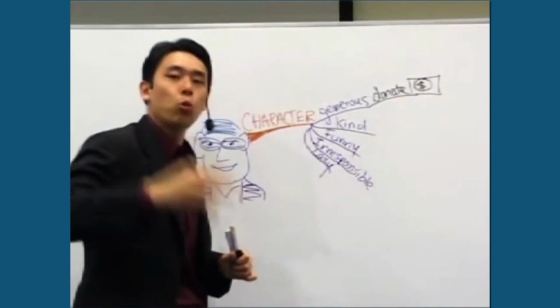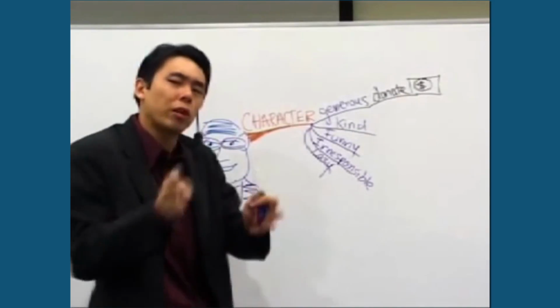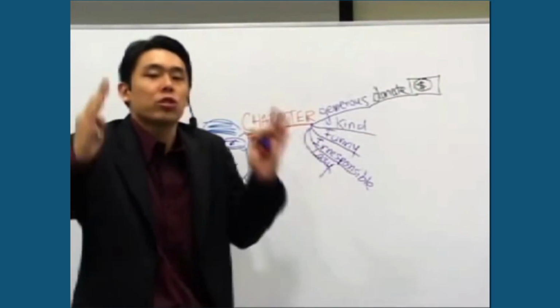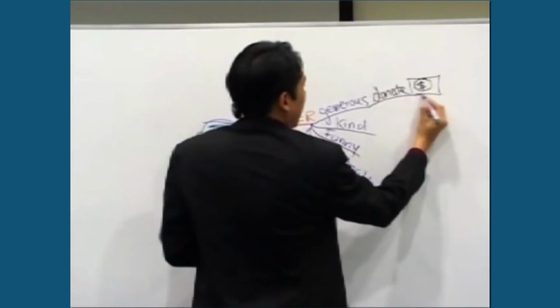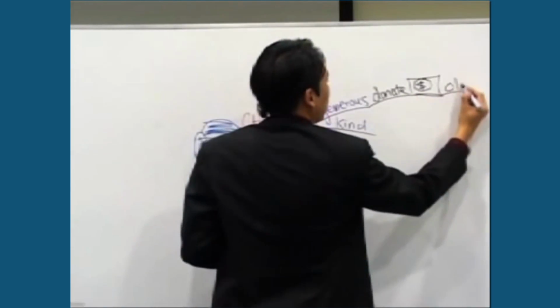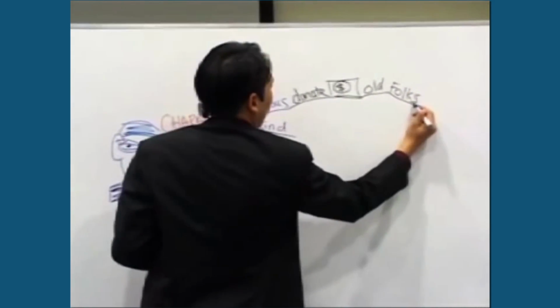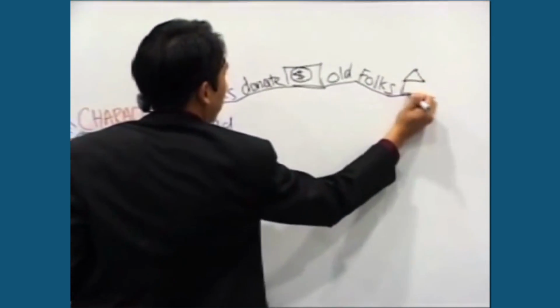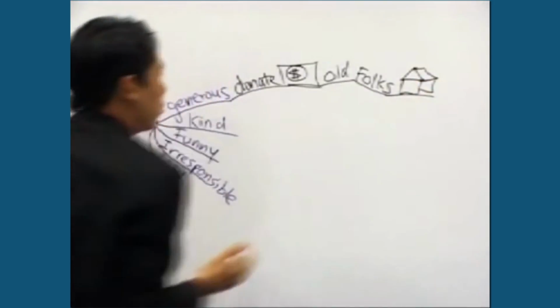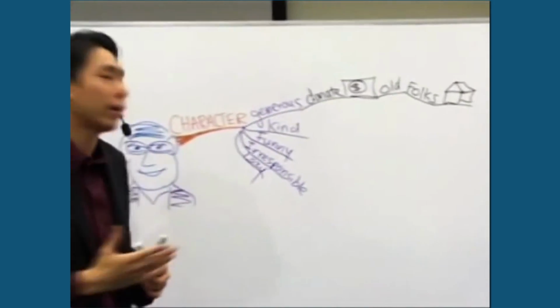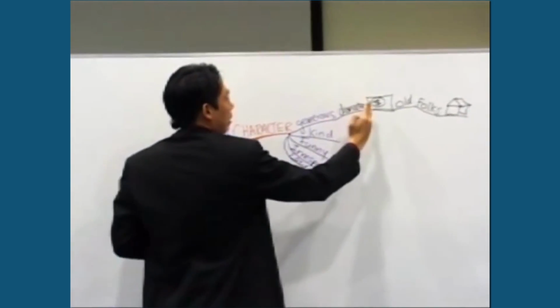Donate money to the old folks home. Again, must we write down "to the"? No, they're non-keywords, so just write down old folks home. So donate money, old folks home. Can draw a little house to represent it. You see that? So once again, one word, one line. Donate money, old folks home.